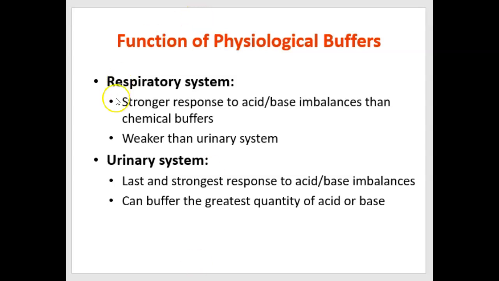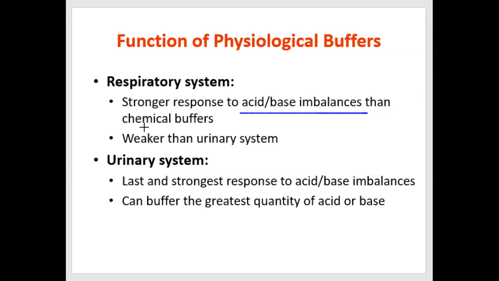As I mentioned at the beginning of this lecture, the respiratory system can correct more than a chemical buffer, or at least it'll kick in after the chemical buffers and help us change our pH even more. So it responds to acid-base imbalances a little bit stronger than chemical buffers, not in terms of percentage buffered, but in terms of degree of pH value.